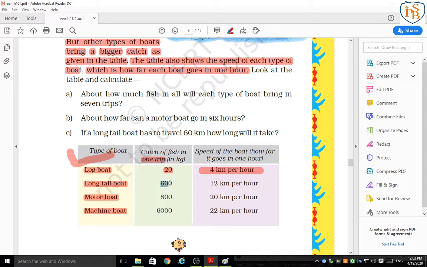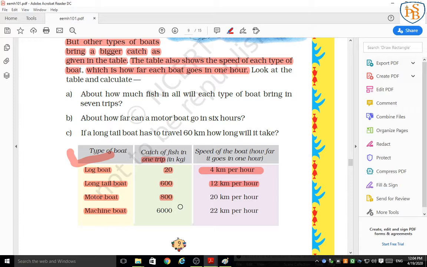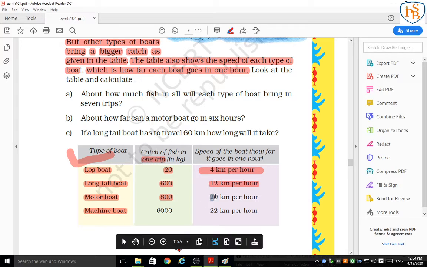Long tail boat catches 600 kilogram in one trip, and the speed of long tail boat is 12 kilometer per hour. Like that, the third boat is motor boat. Motor boat catches 800 kilogram of fish in one trip, and the speed of motor boat is 20 kilometer per hour.